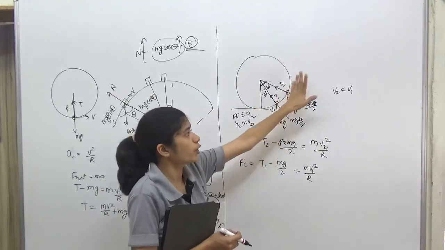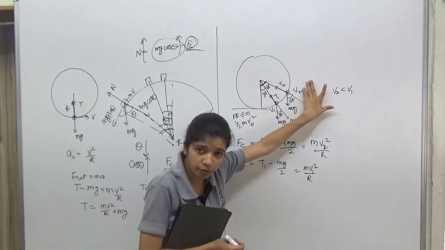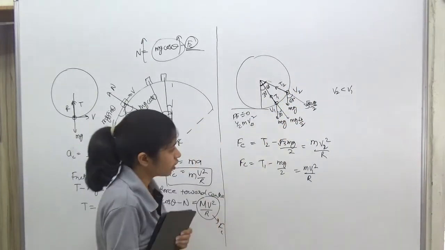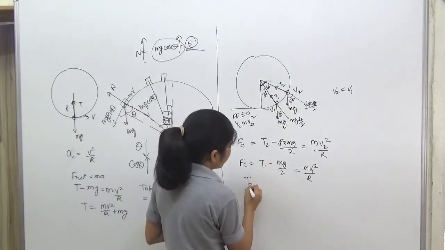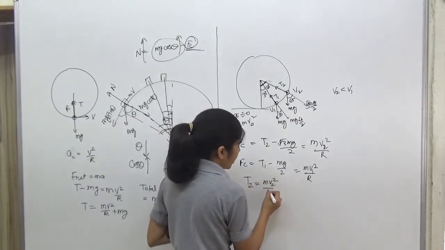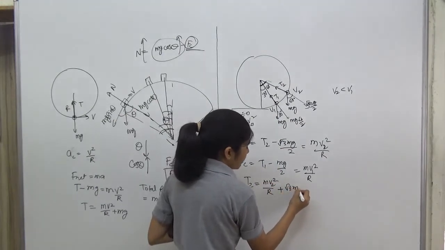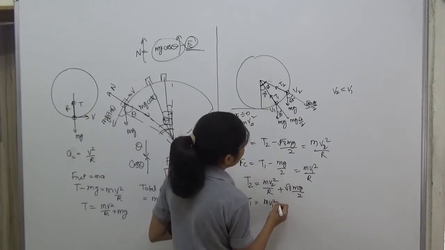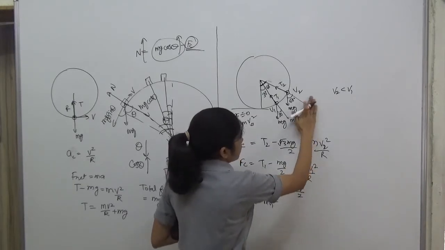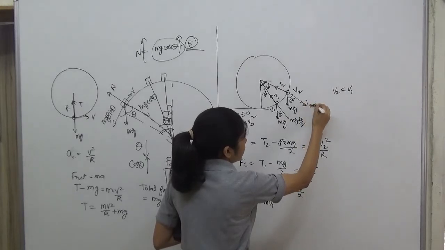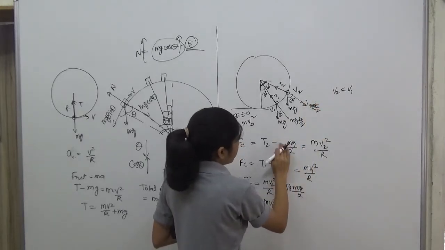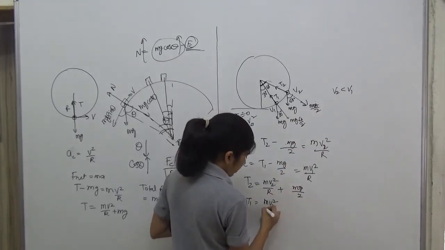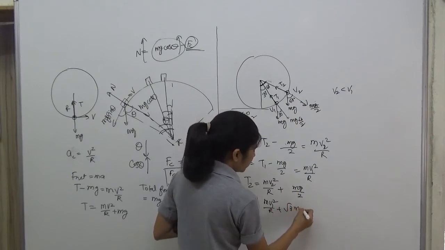Why? Because now potential energy has increased even further, so kinetic energy will decrease. So now v2 will be less than v1. It means what we can write? T2 is equal to m V2 square by R plus root 3 mg by 2, and T1 is equal to m V1 square by R plus mg cos 60, which is mg by 2.